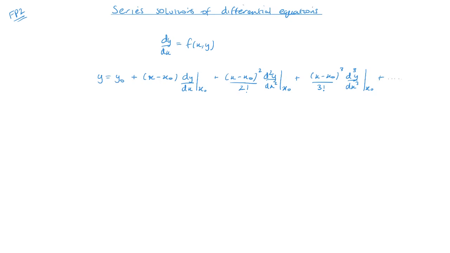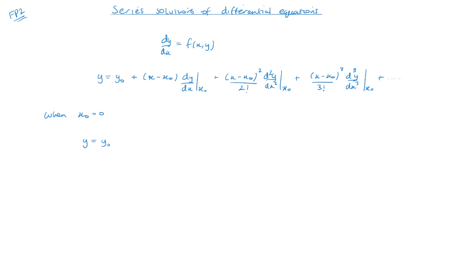Now, when our x0 equals 0, this is going to reduce to the Maclaurin series. So this will become a much more straightforward series.